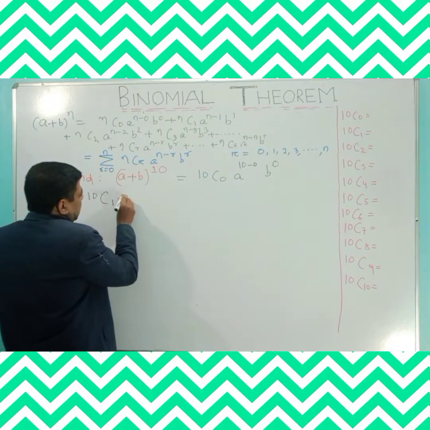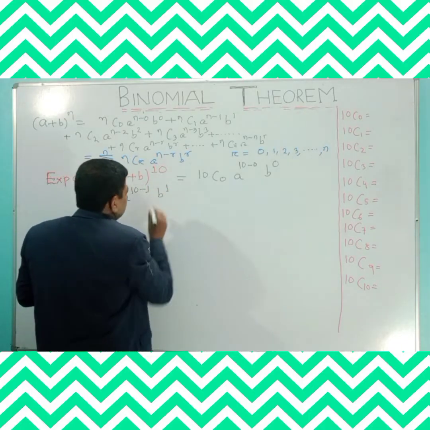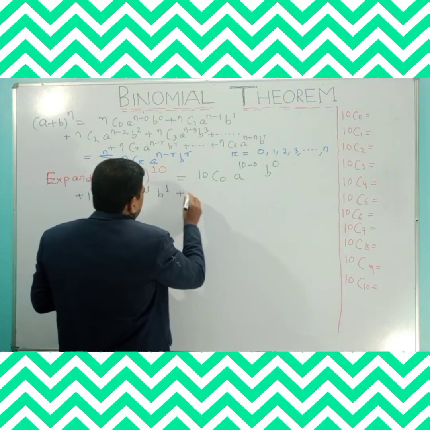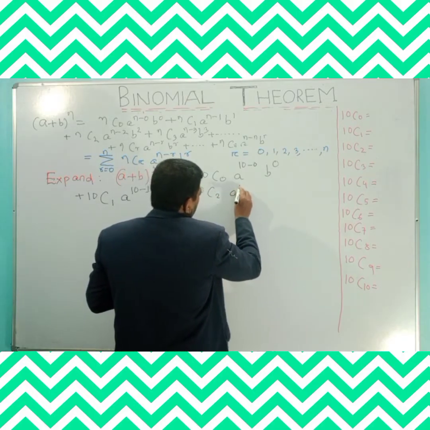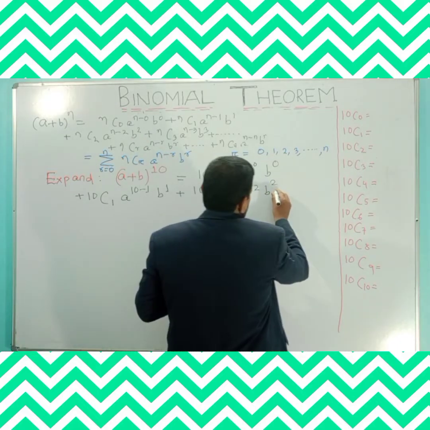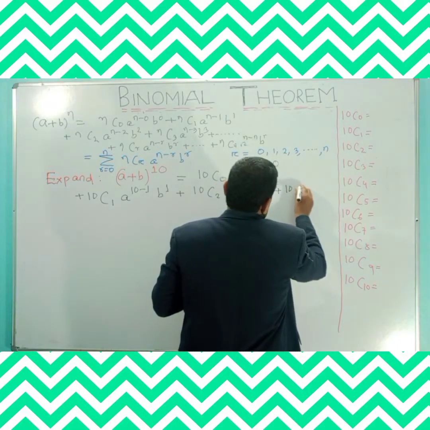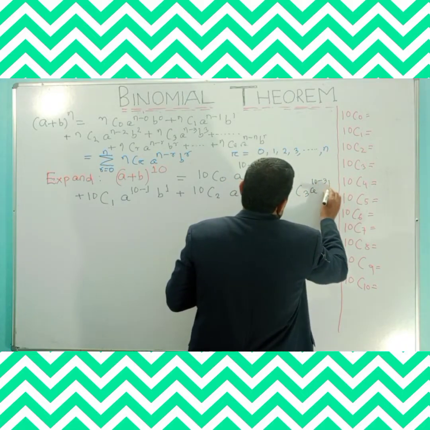10C1 a to the power 10 minus 1 b to the power 1, plus 10C2 a to the power 10 minus 2 b to the power 2, plus 10C3 a to the power 10 minus 3 b to the power 3.